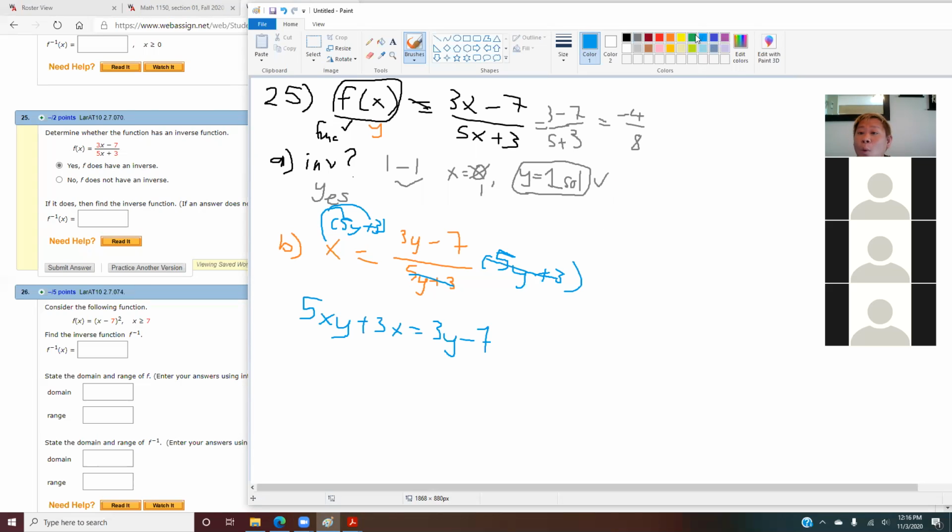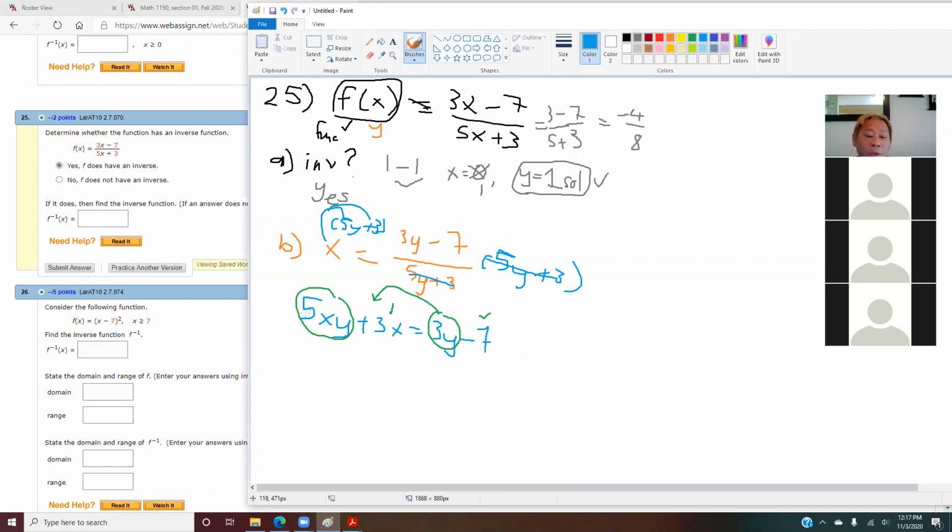The terms with y that you see here, we want to put on one side of the equation. It's like solving an equation. And the terms without y, you want on the other side of the equation. So I will move the 3y over here.